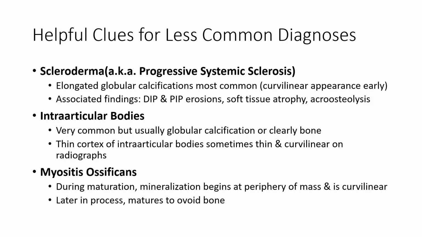Synovial osteochondromatosis intra-articular bodies are sometimes seen as curvilinear on radiograph. Myositis ossificans: during maturation, mineralization begins at the periphery of the mass and is curvilinear. The lesion matures to a solid bone.